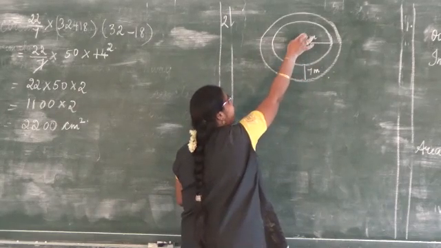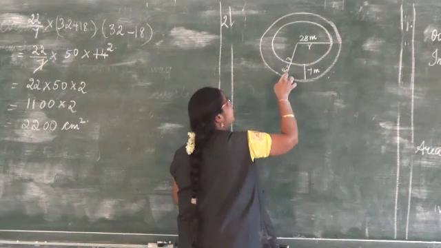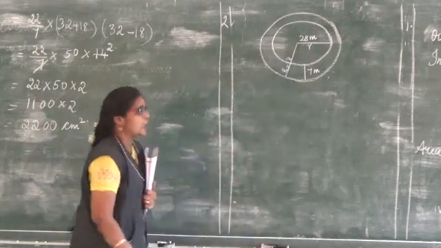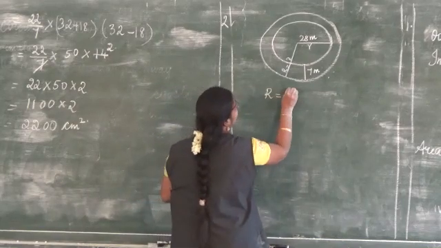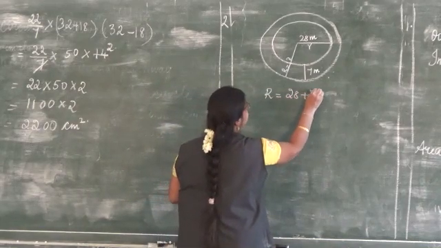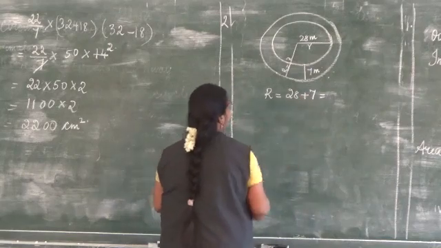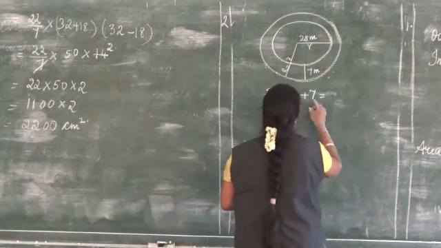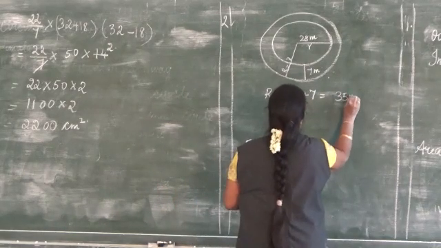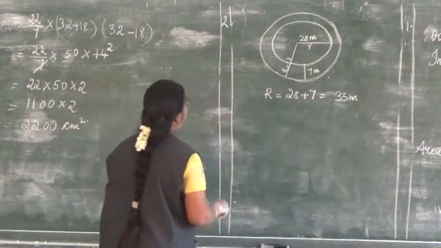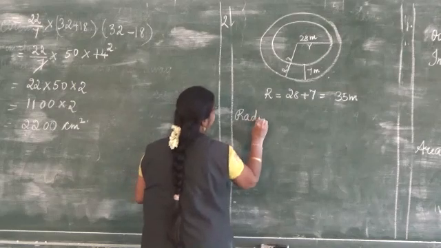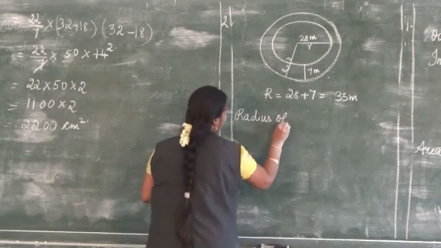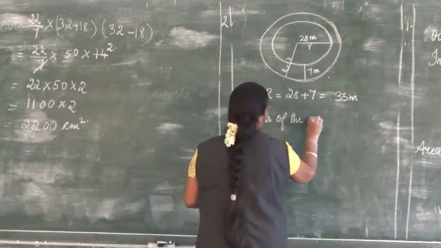So we have to add 28 plus 7, then you will be getting the capital R. So our capital R is equal to 28 plus 7. So 28 plus 7 is 35 meter.